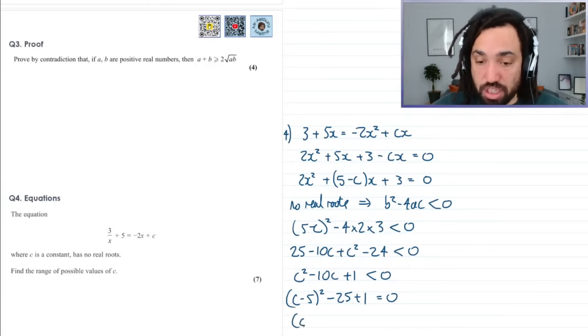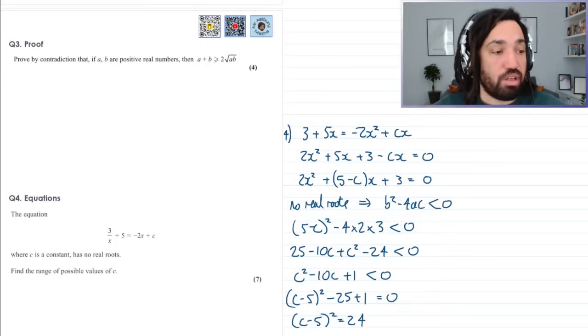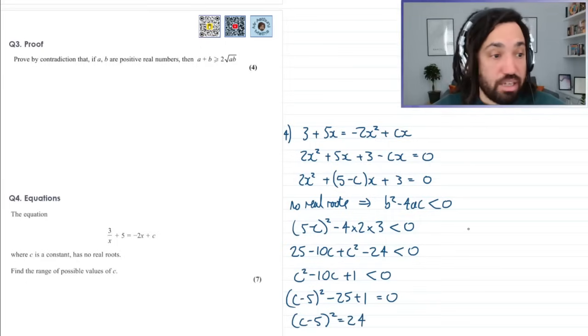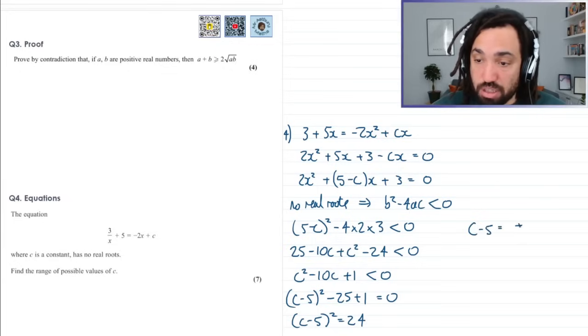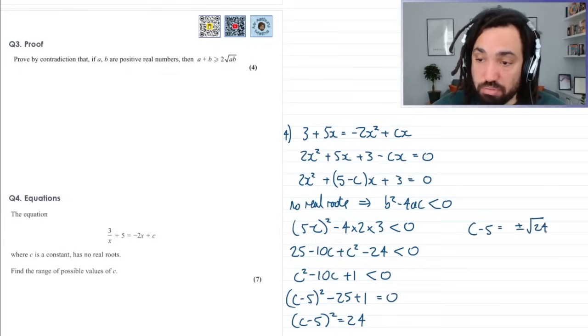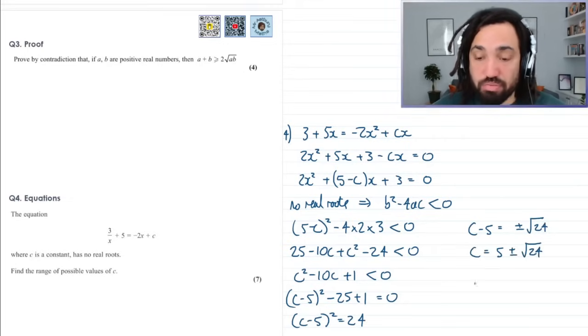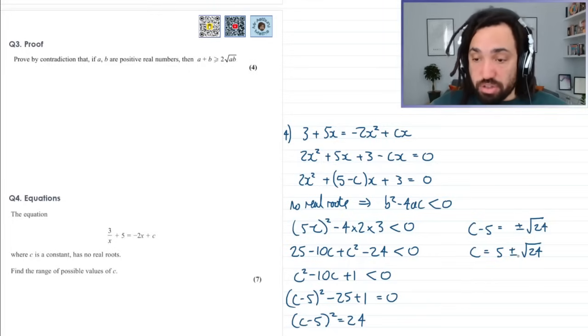So this gives us (c minus 5) squared is equal to 24. And then this will give us c minus 5 is equal to plus or minus the square root of 24. So c is equal to 5 plus or minus the square root of 24. Okay, so those are the critical values.